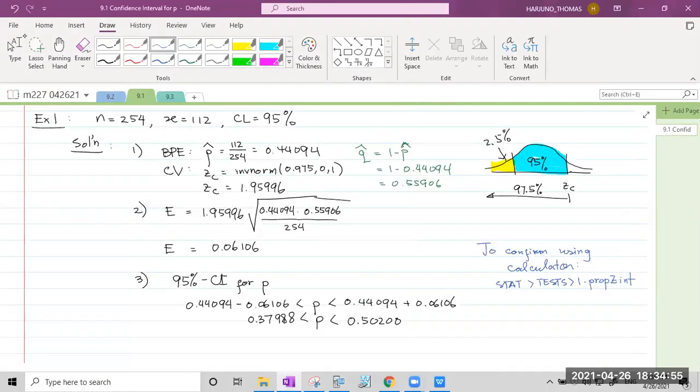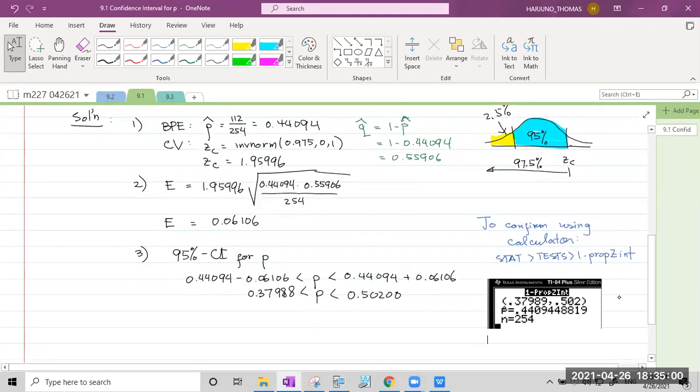So if I want to confirm using the calculator, this is what I have. Again, confirming using the calculator is not to substitute or replace the technique I show you.